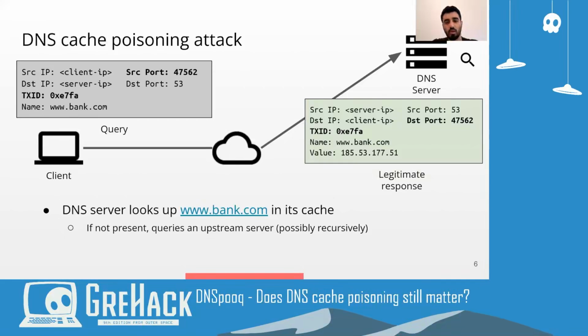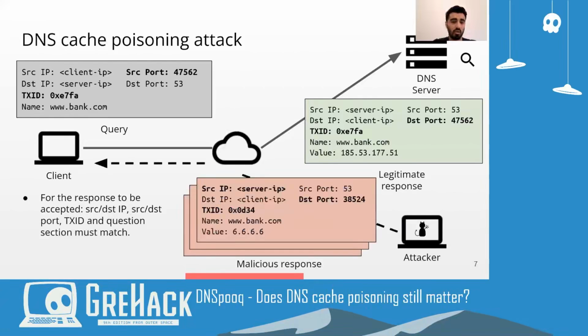So what does the attacker need to do in order to inject a malicious response? For a response to be accepted, the source and destination IP need to match, the source and destination port need to match, the transaction ID needs to match, and also the question needs to match, namely www.bank.com.